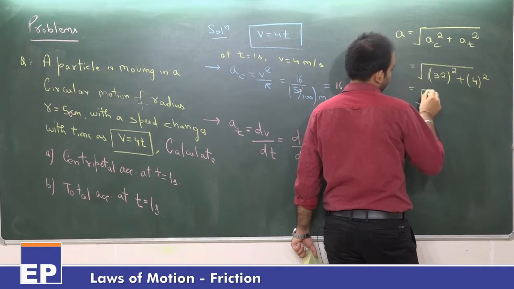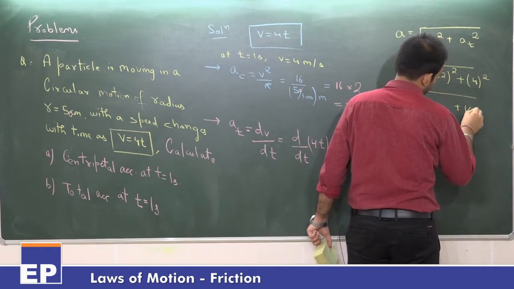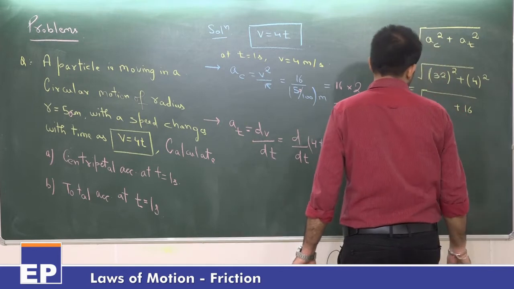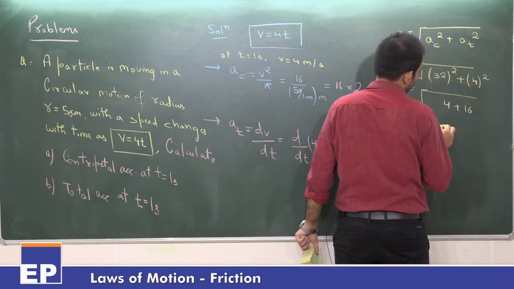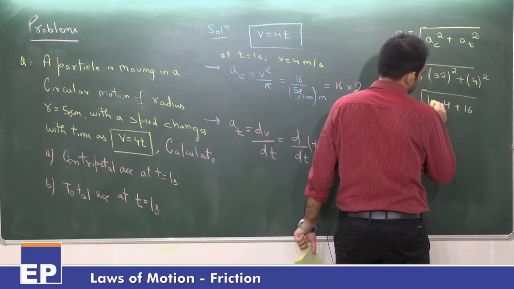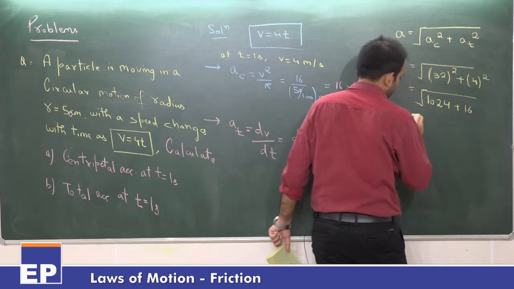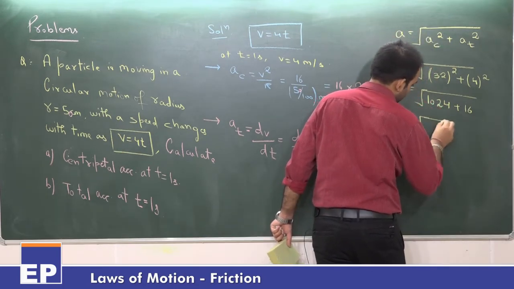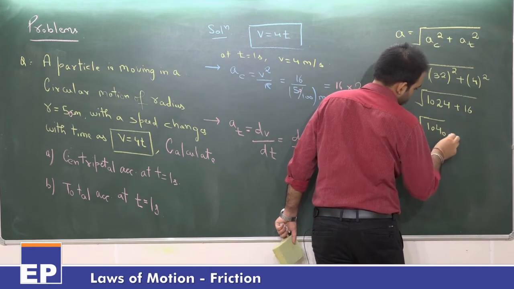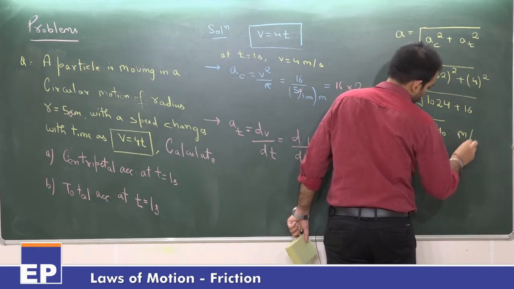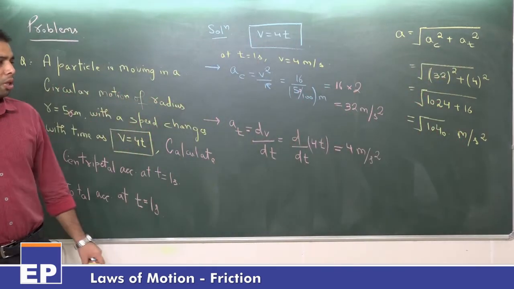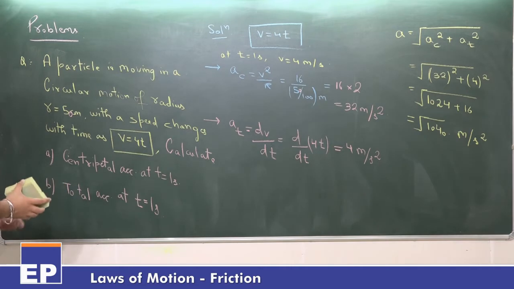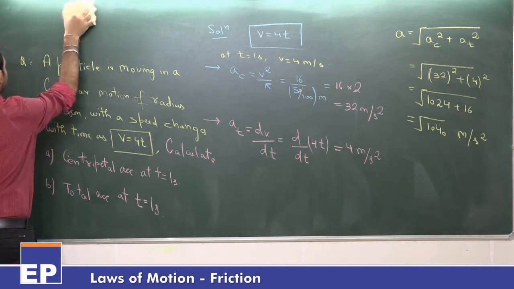That will become 16 plus this 32 का square, 1024, so 1040 meter per second squared. Is it clear? So this is our relation for this, right? Next.